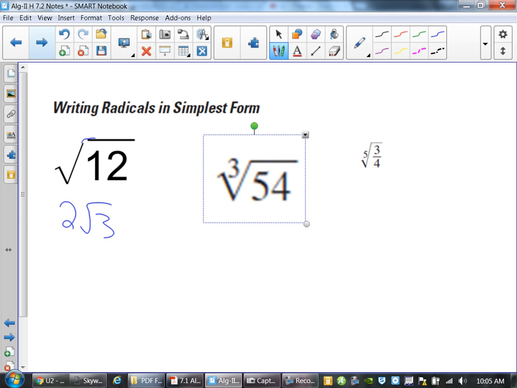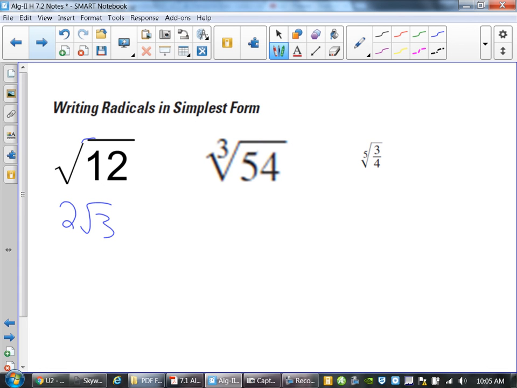So as you're starting to look at some of these values, if you have cube root of 54, well, the only ones that'll work are going to be anything that's smaller than 64. It has to be either 27 or 8 if I'm going to be able to simplify that. So is 54 divisible by 27? It is. So we can break this apart just like you would when you did square roots.